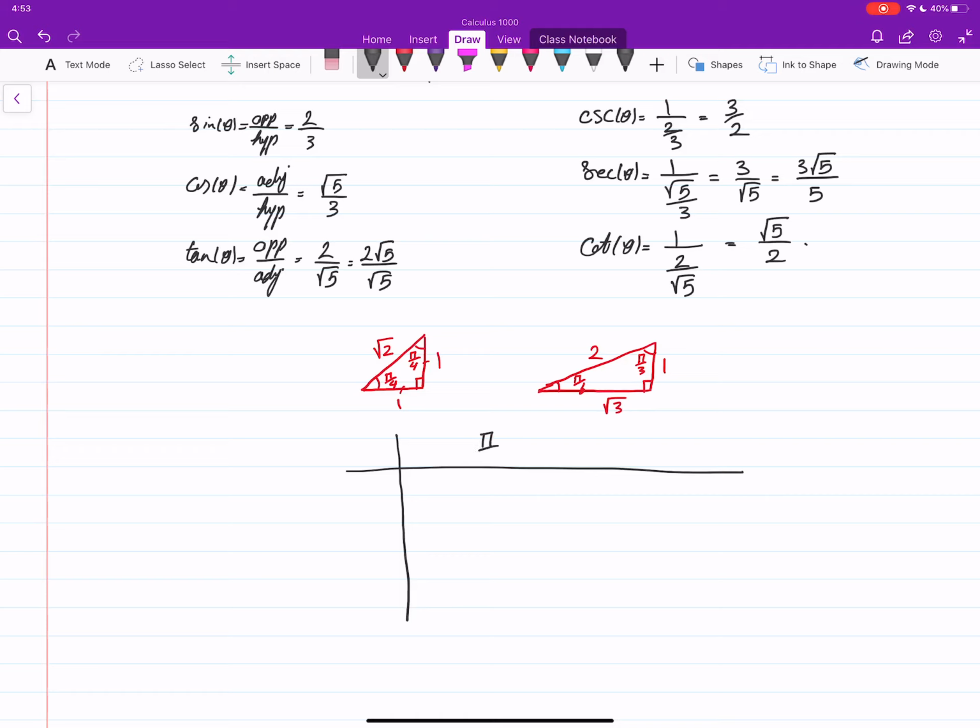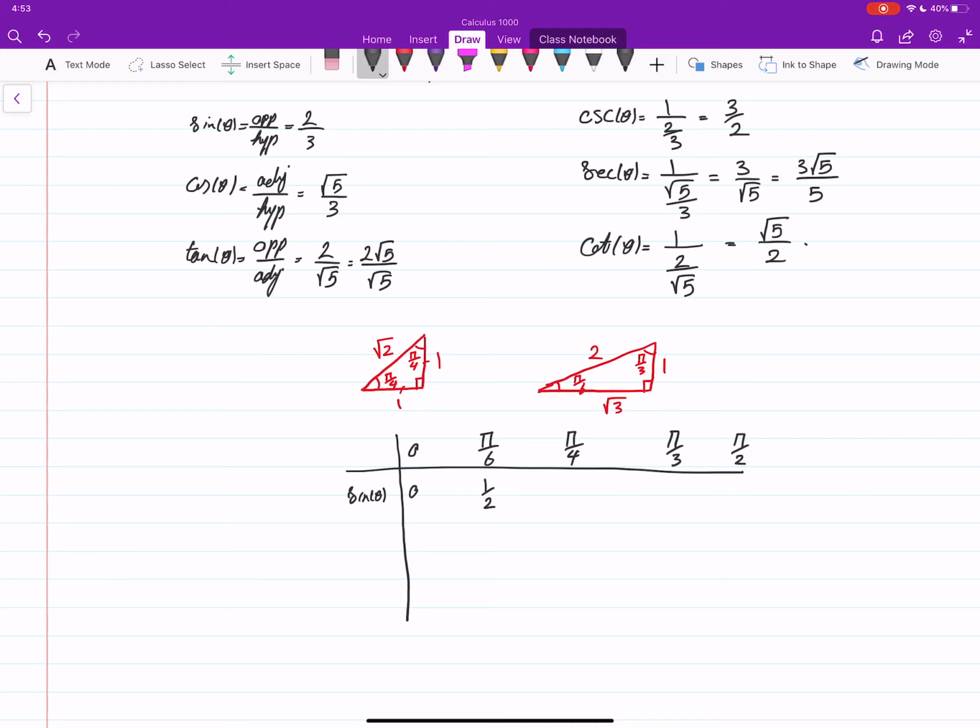Pi over 6, pi over 4, pi over 3. Well, I will add 0 and pi over 2 here just to have the table ready for now. Sine theta. For this is 0, this is 1 over 2.